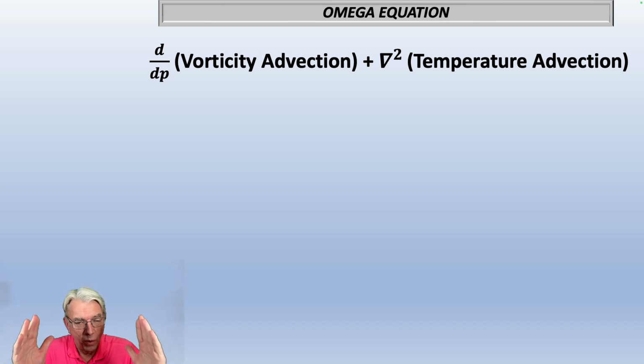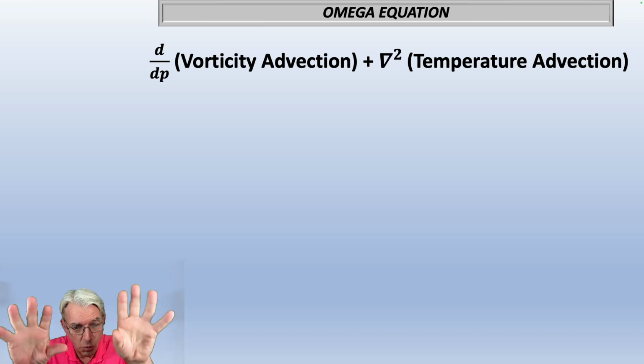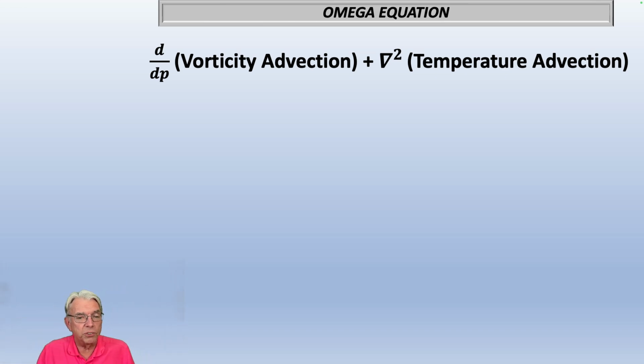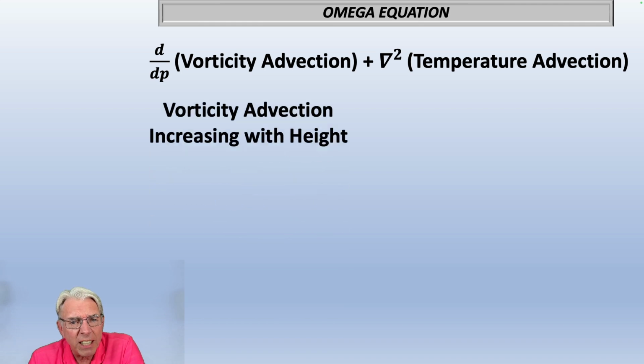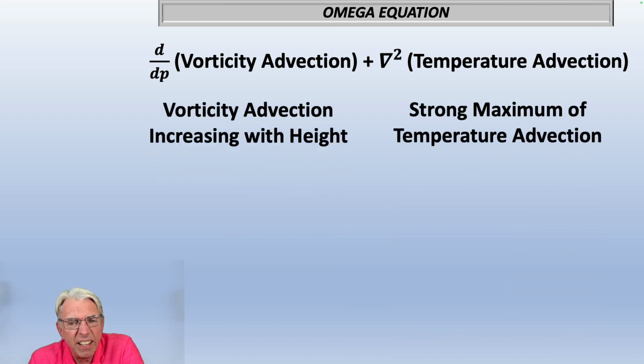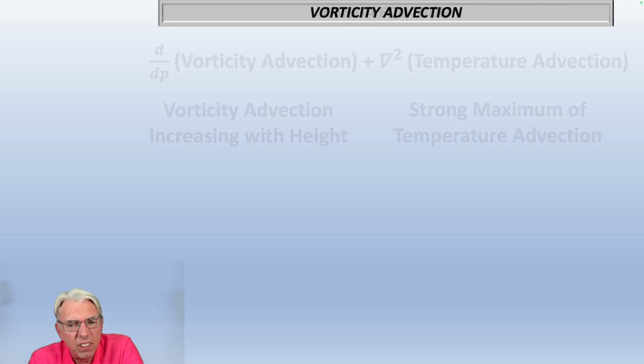So the greater the change is between sort of the outside and where this localized maximum or localized minimum is, then the stronger the Laplacian is. Okay, so that's vorticity advection increasing with height, and that is a strong maximum or minimum of temperature advection.